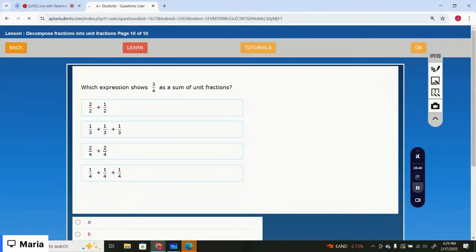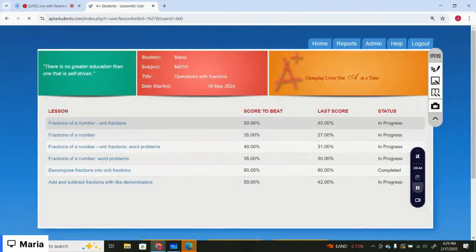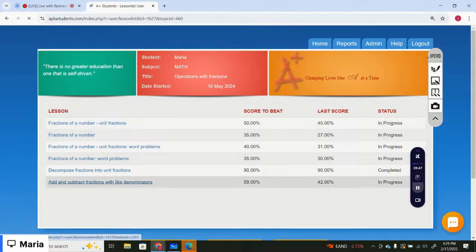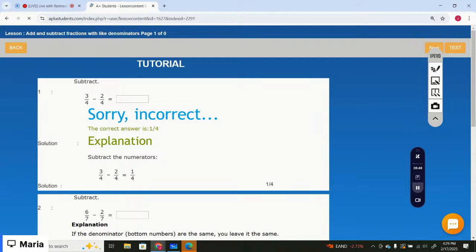The next lesson is add and subtract fractions with like denominators.